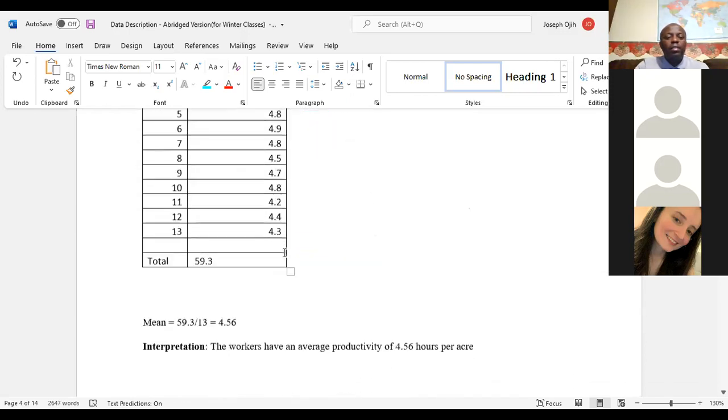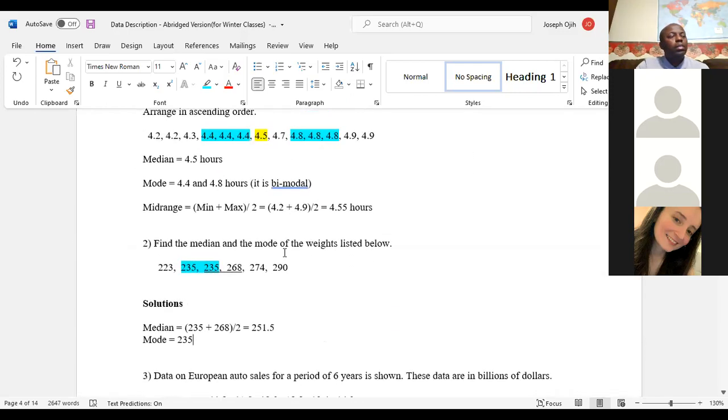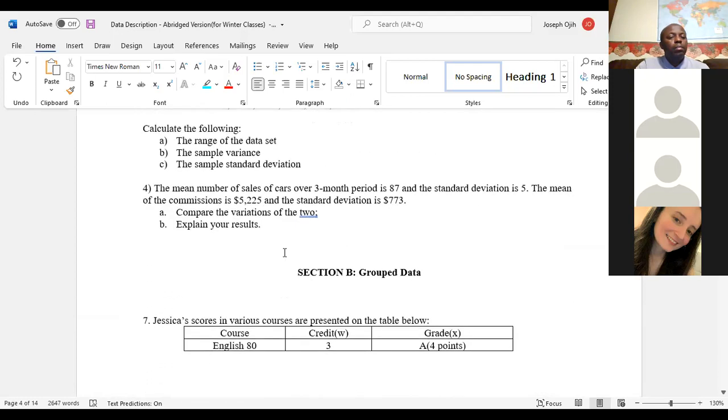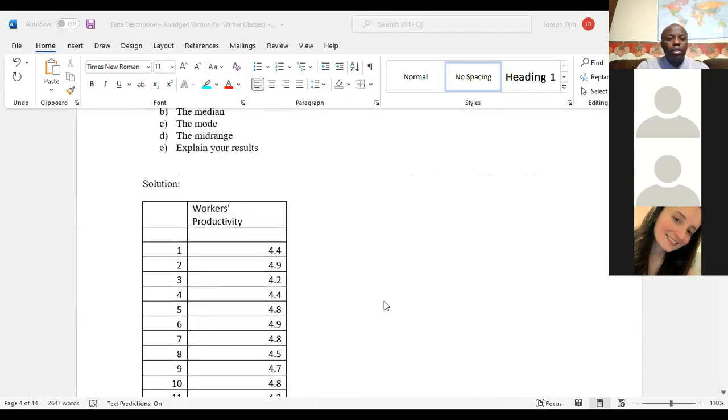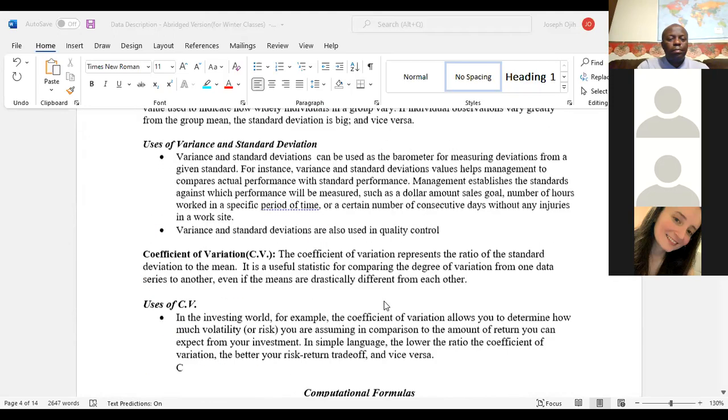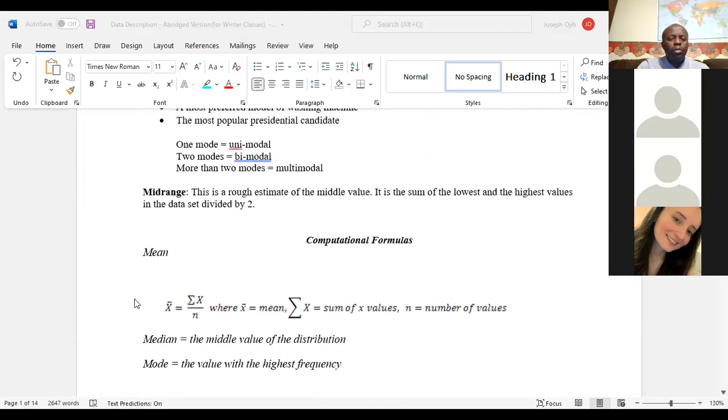Remember that the variance... Yeah, I'm sorry to take you back. We just did mean, median, mode, and mid-range. Can you please explain the calculation of the mean all over again? The formula is x bar, which is the sum of x over n.